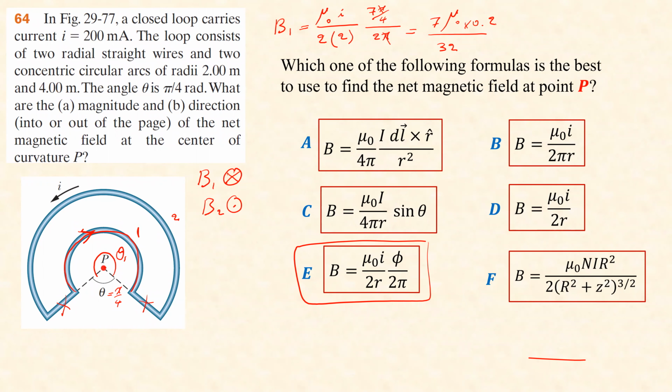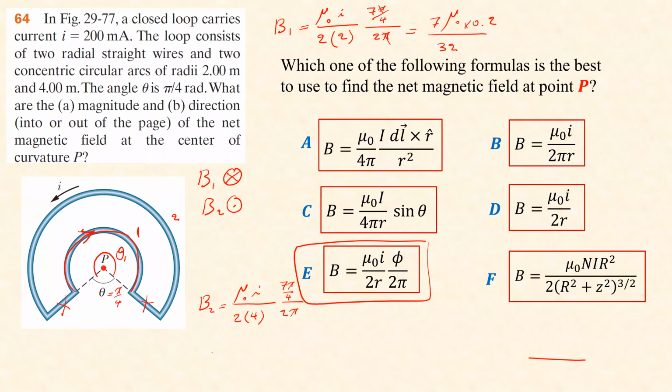And for B2, I write it right here. B2 has a magnitude mu naught I over 2 times 4. And the rest is the same, 7 pi over 4 over 2 pi. So it's exactly the same as that, but it has a 4 in the denominator instead of 2.